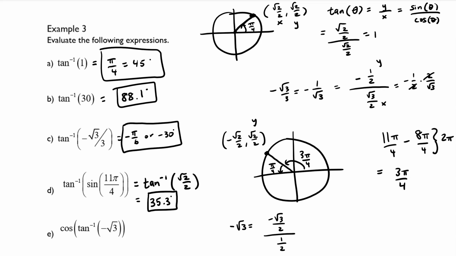And again, since tangent is y divided by x, I know that the negative root 3 over 2 is the negative value on our unit circle, because tangent inverse has to fall either in quadrant 1 or quadrant 4. So if our angle is negative, then we know that the y value has to be negative.